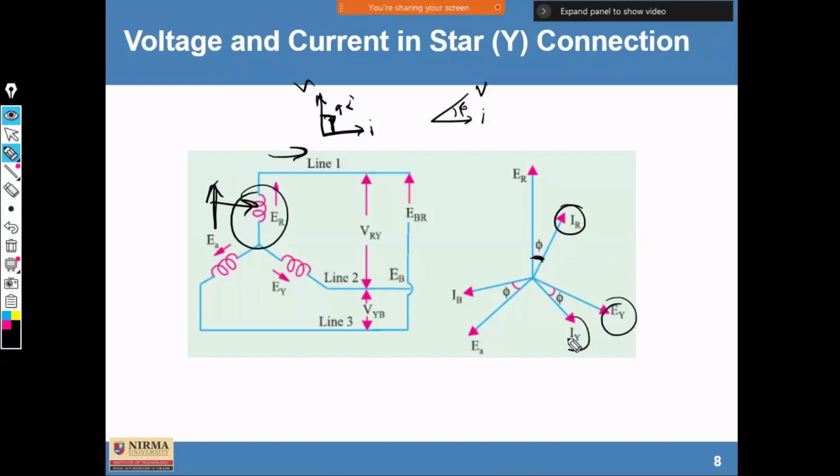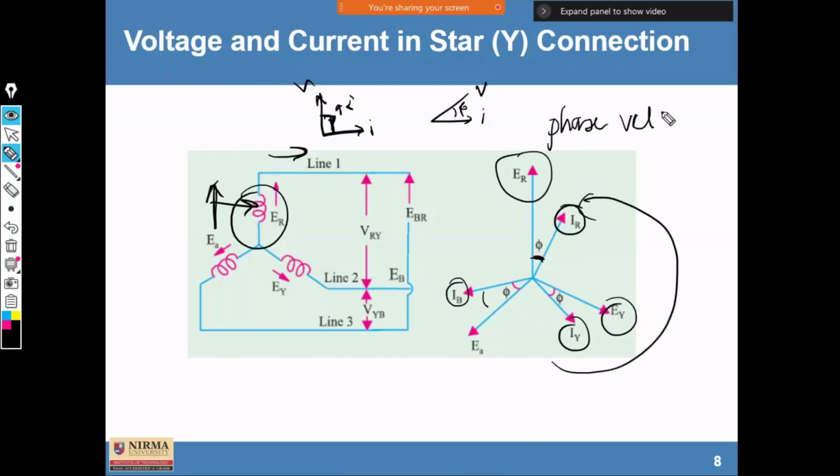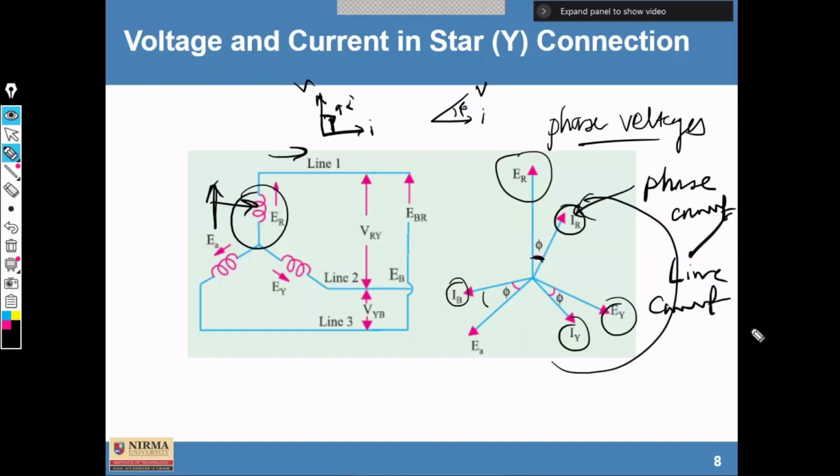Similarly for EY, because these currents are lagging, we always consider the anti-clockwise direction. In the anti-clockwise direction, these voltages are phase voltages, and you can consider this current as phase current or line current in case of star connection.